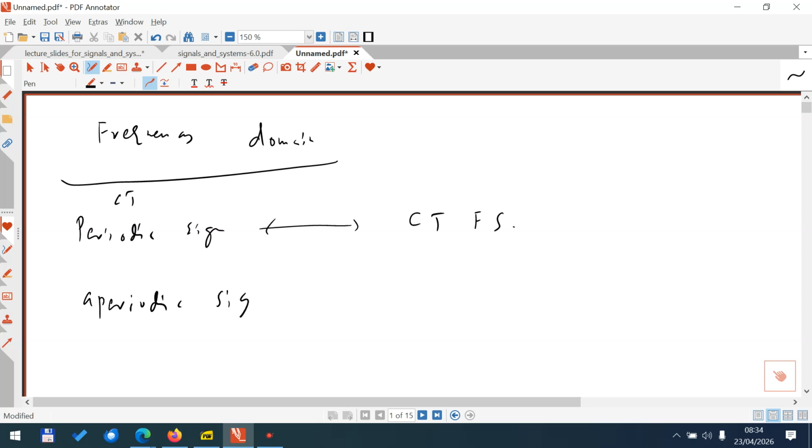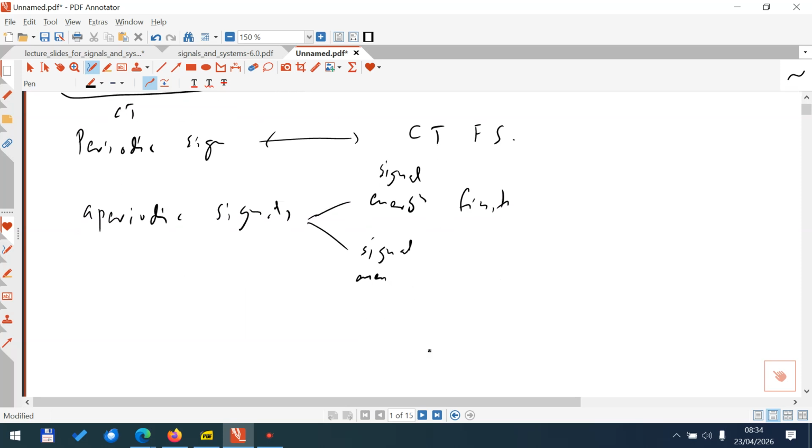In aperiodic signals, we had two cases. One was when the signal energy was finite, and the other was when the signal energy was unbounded.